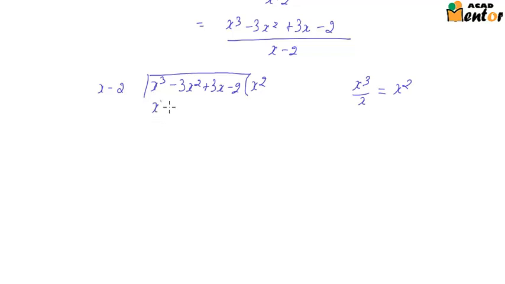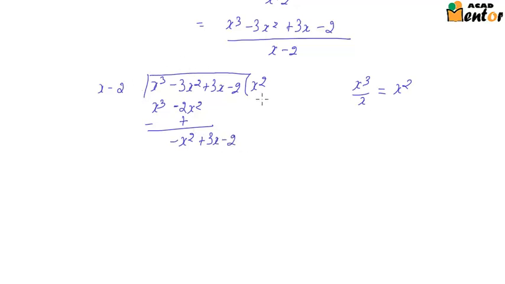So this becomes x cube. X square when multiplied by minus 2 will give us minus 2x square, which we will write here. Now we subtract these two terms from the polynomial. This cancels out, so we are left with minus x square plus 3x minus 2.